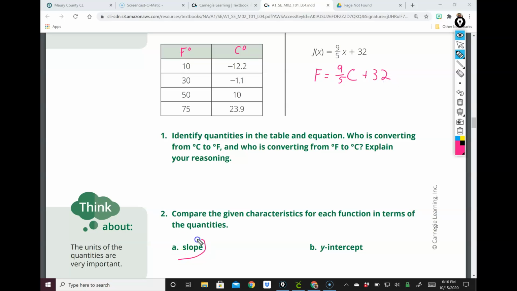So the slope in both situations is 9/5. The rate of change for Greg's table is also 9/5. For every 9 units of Fahrenheit, you go over 5 degrees of Celsius. Your y-intercept is a positive 32 in both situations.